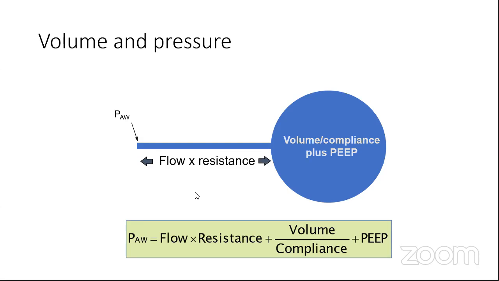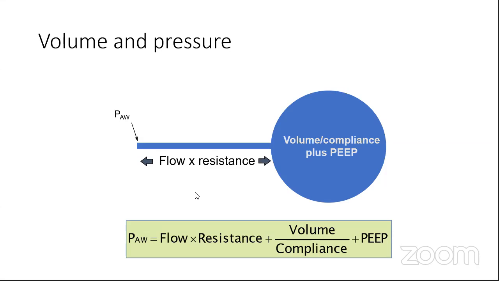Now, what you want is to deliver the volume, the tidal volume, into the alveoli, but you have to go through these tubes in order to do that. Both components exhibit some resistance or elastance to this volume, and it has to be overcome through pressure.